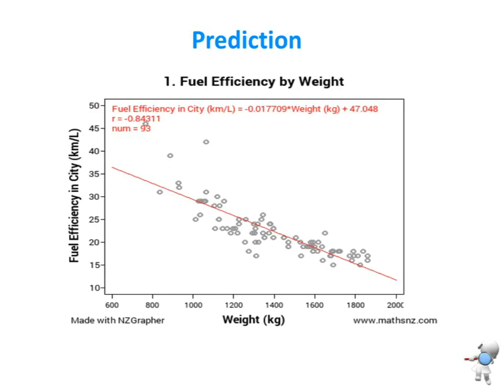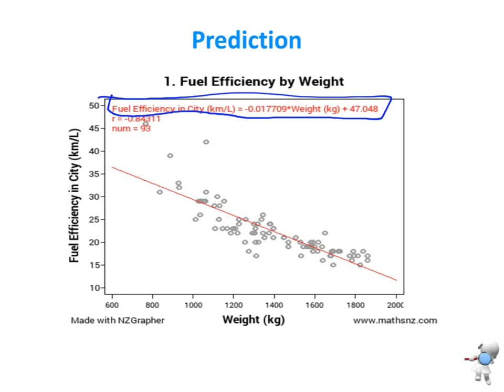So in order to do the prediction, often you'll be given an equation. In this case, we've been given this equation here: fuel efficiency in the city is equal to negative 0.017709 times the weight plus 47.048.